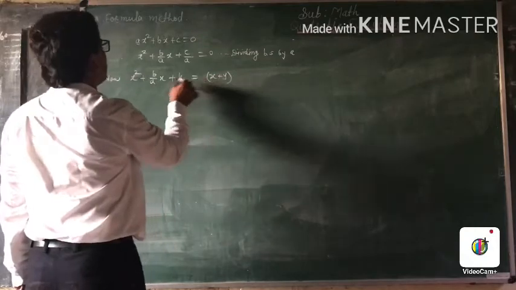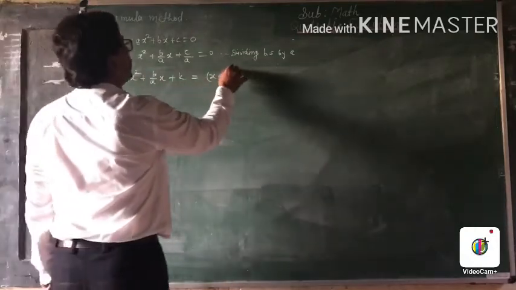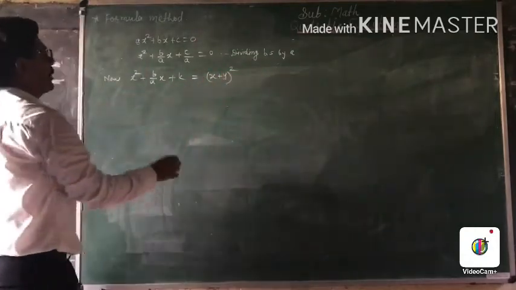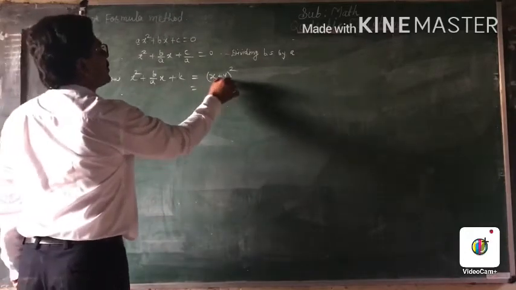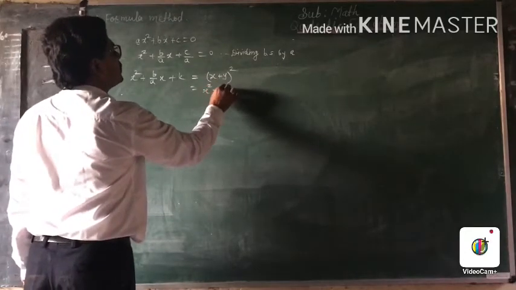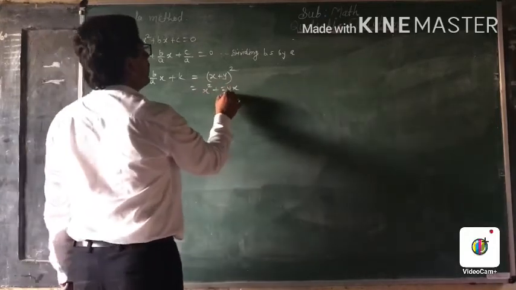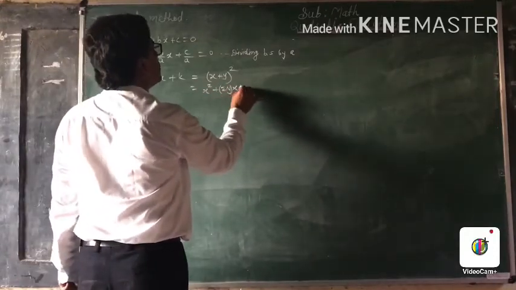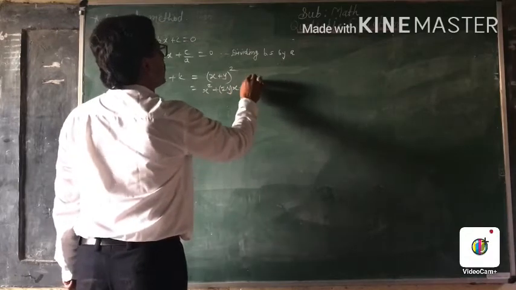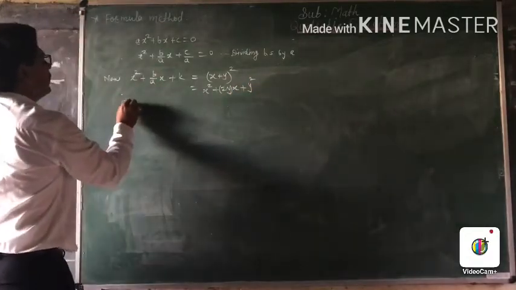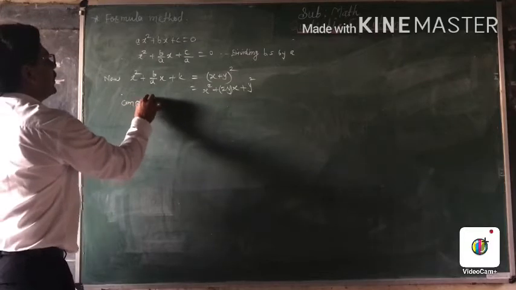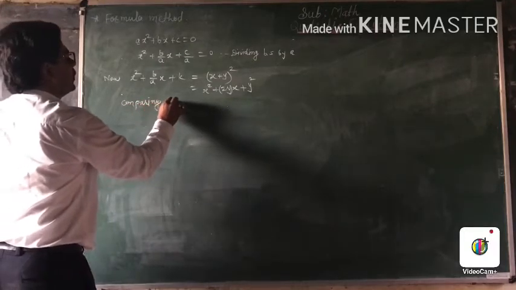I am taking y here because b and a are already used. This is (x plus y) square, and (x plus y) square is x square plus 2yx plus y square. Here x is the variable, and 2y is the coefficient of x. Now comparing the terms again.